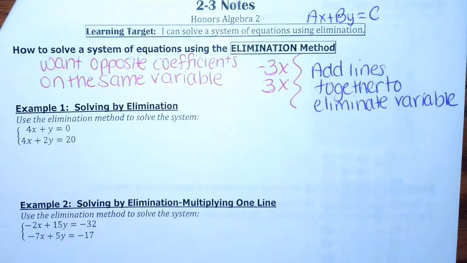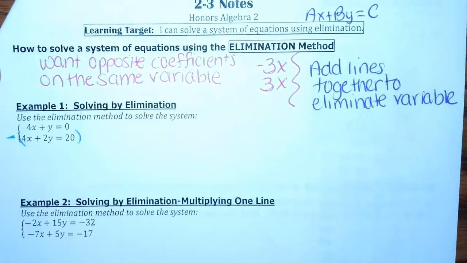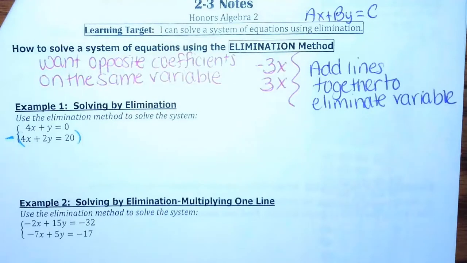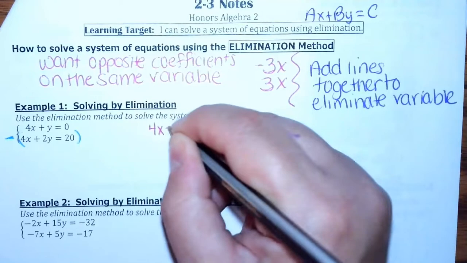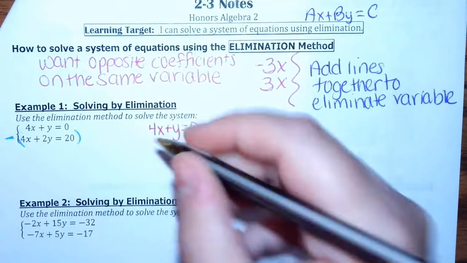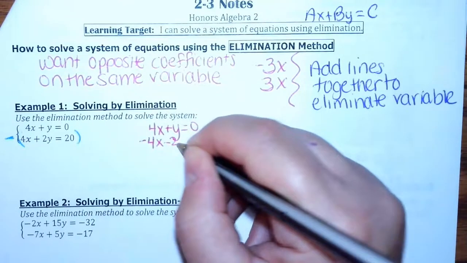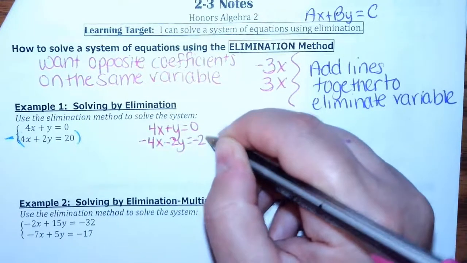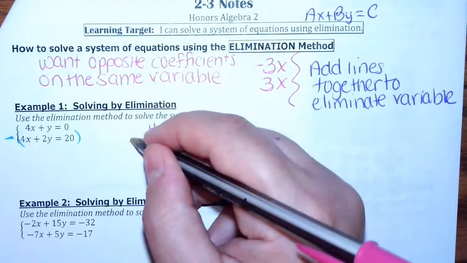This first one, I already have the same number of 4 on both of the x variables, but I would run a negative through that second equation, or you could do it with the first one. I'm just going to do it with the second one. That will multiply everybody by -1, which creates an equivalent equation, as long as I do the same thing to everything, and that creates opposites on my variable of x.